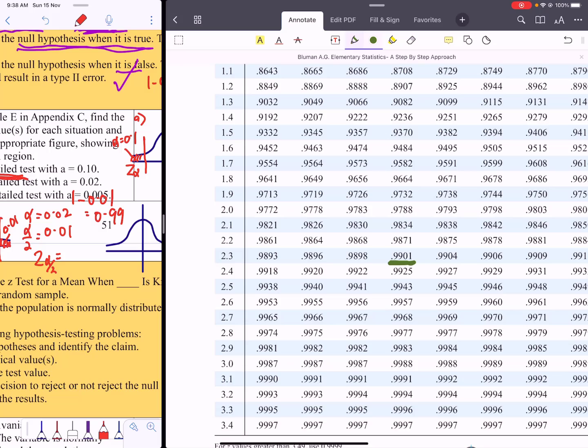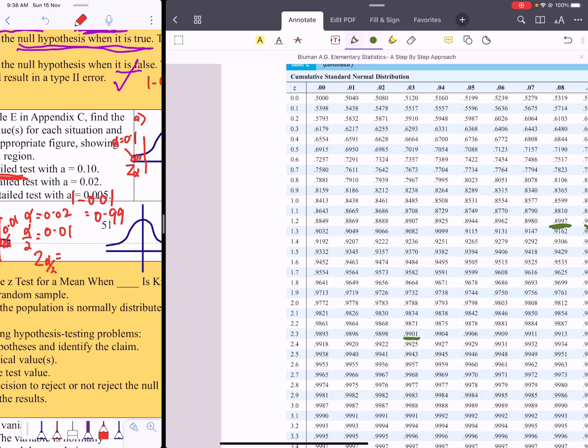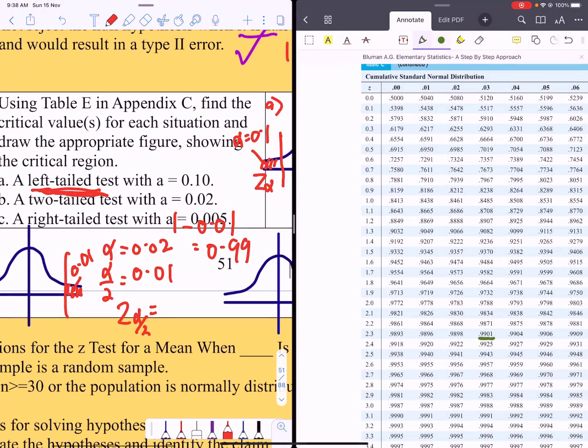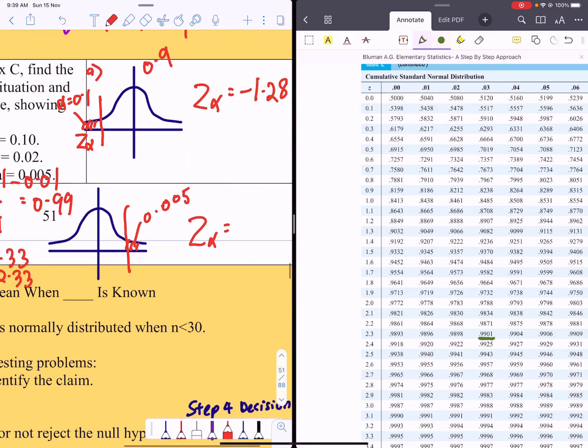Okay. 2.33. 2.33 and negative 2.33. Dia ada dua lah. Dia ada negative 2.33, 2.33. And then we have this one 0.005.